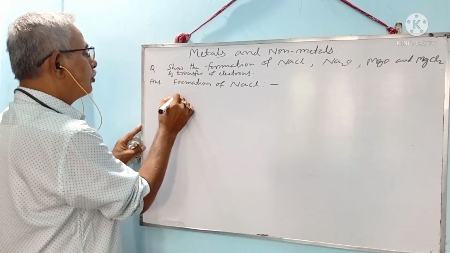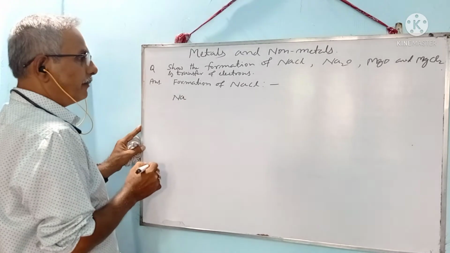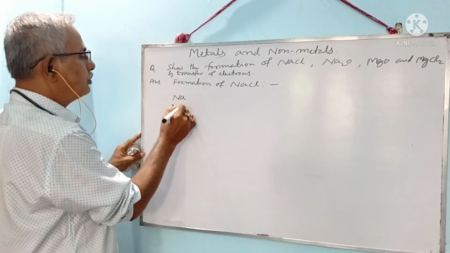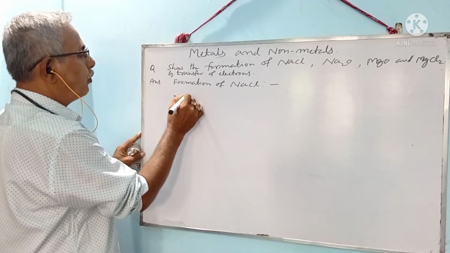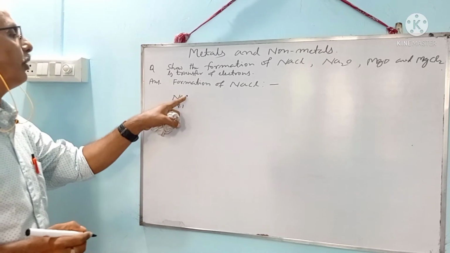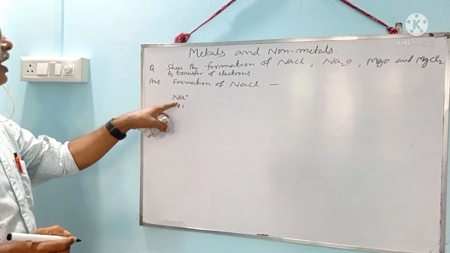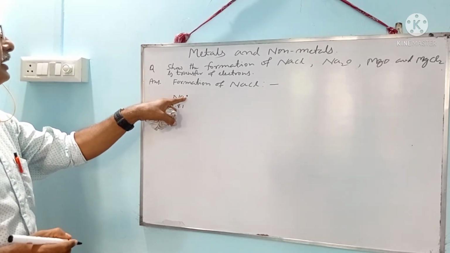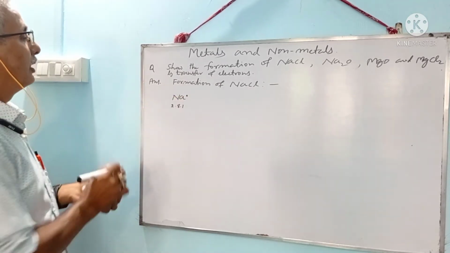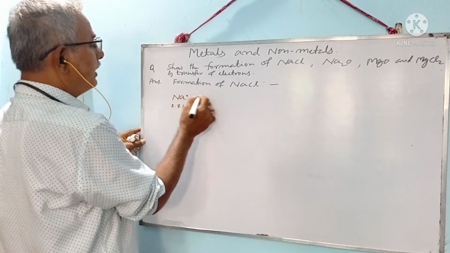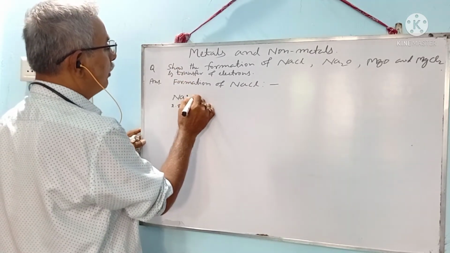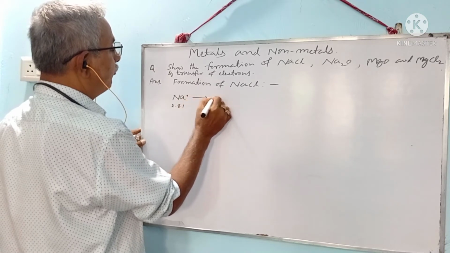Sodium, you know, is a metal and its electronic configuration is 2, 8, 1. That means 1 electron is there. We are talking about the valence electron here, which you put on the symbol of the atom. Now, sodium is a metal and has only one electron, so it will lose one electron and form a positive ion.